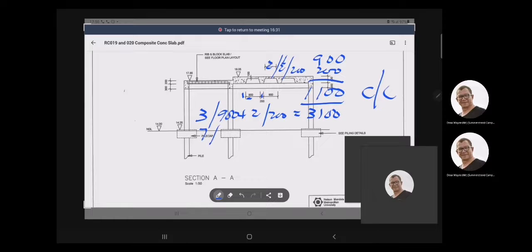I also have 7 times 900 plus 6 times 200, and that gives me 7 meter 500. So the area for the formwork to the soffit of my coffers would therefore be 3 meter 100 multiplied by 7 meter 500. All of that is looking at the height exceeding 1.5, not exceeding 3.5, and that is the area that is covered for my coffers only.